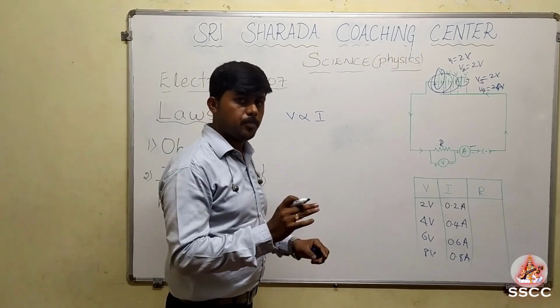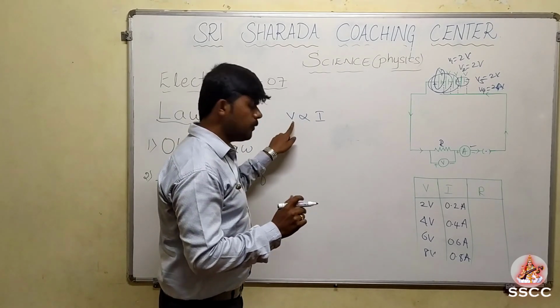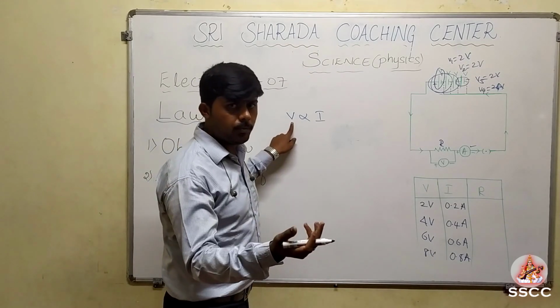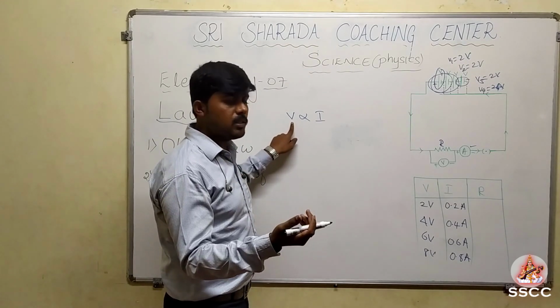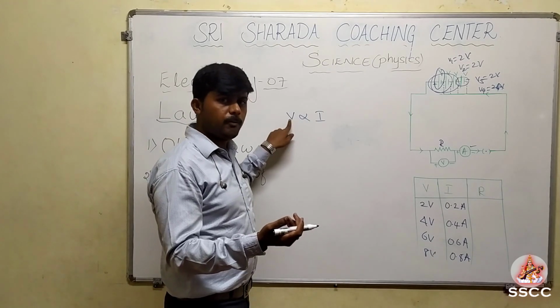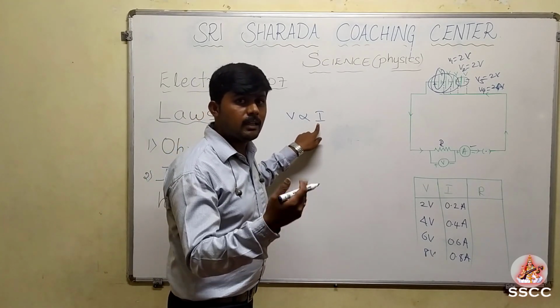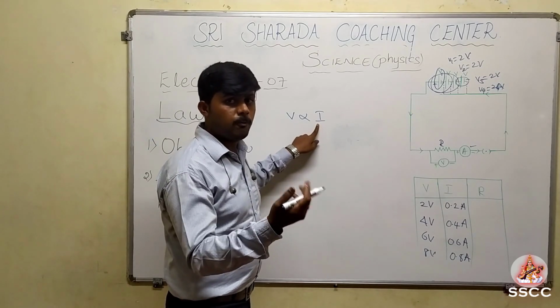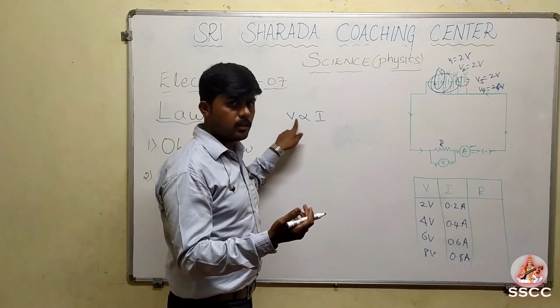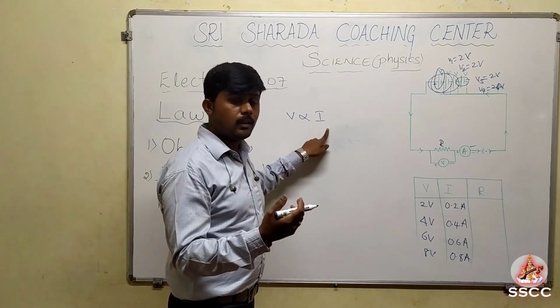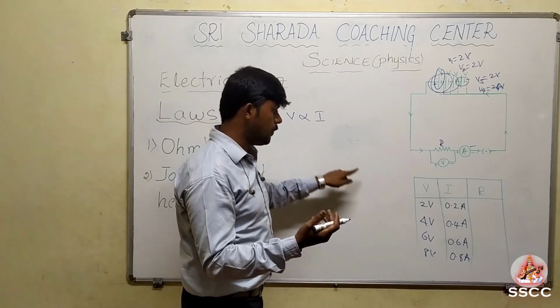Potential difference across the ends of the conductor is directly proportional to electric current at constant temperature or at constant physical conditions. Okay, what is meant by directly proportional? Directly proportional means if you are increasing the one factor which is in the LHS, the other factor which is in the RHS also increases. That is directly proportional.